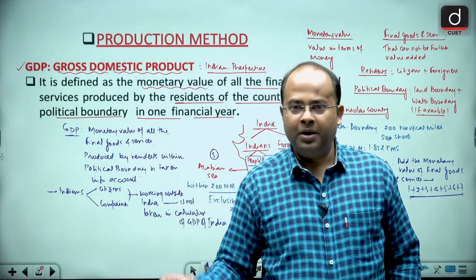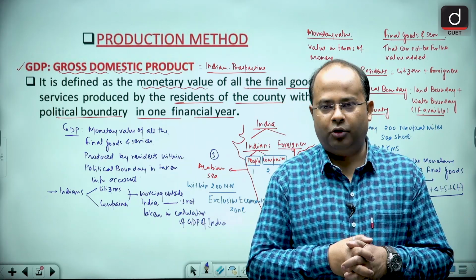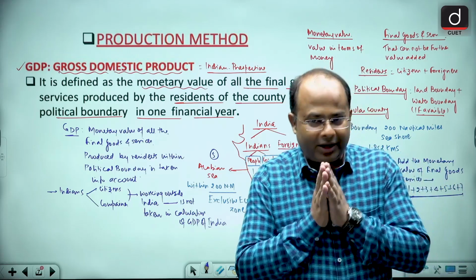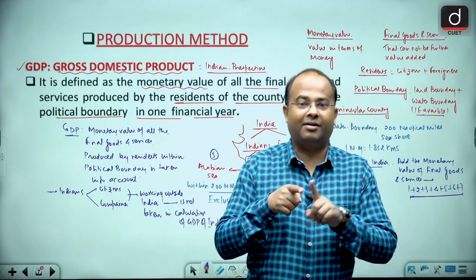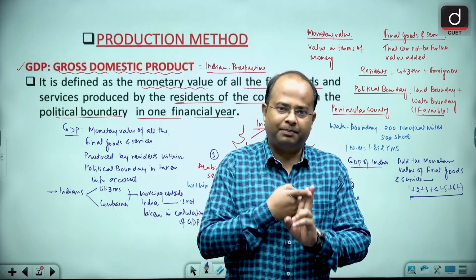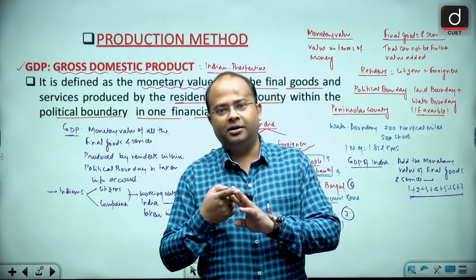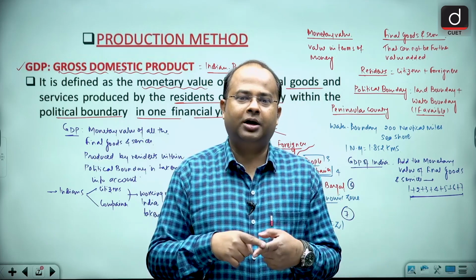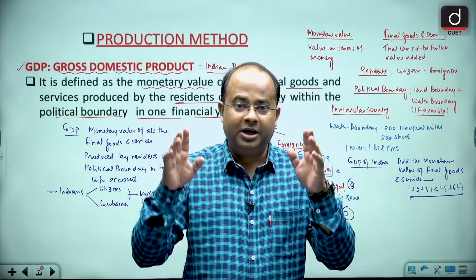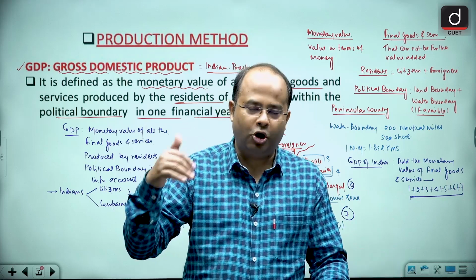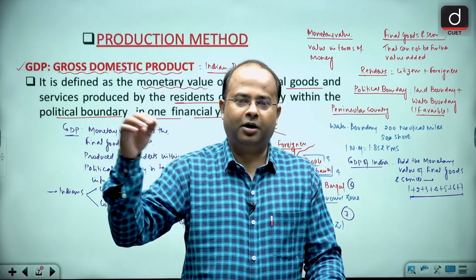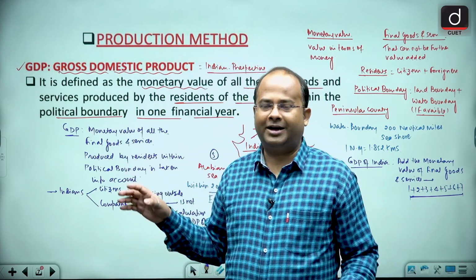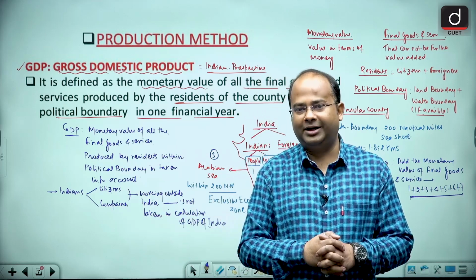I hope it is clear that GDP means within the political boundary, not outside it. Within the political boundary, whatever economic activity is done by the residents, that means the people plus the companies, and residents means foreigners working in that particular country, their income is taken into account, not that of the people or companies of the country who are working abroad.